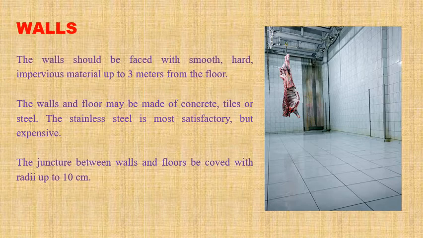Stainless steel is most satisfactory, but it is more expensive. The juncture between walls and floors should be covered with a curved coving up to 10 centimeters so that no liquid or water is absorbed, which may promote the growth of microorganisms and increase the hazard of microbial contamination or disease transmission, etc.